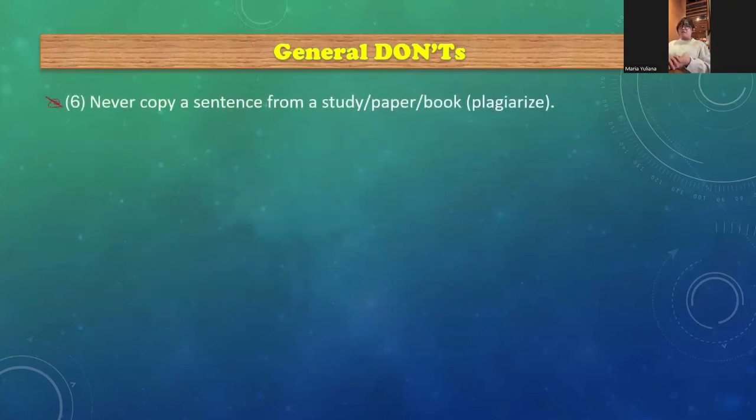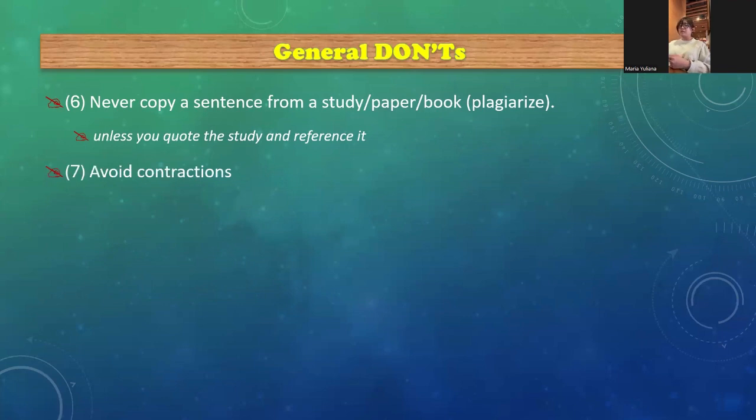And then next, never copy a sentence from a study, a paper, or a book because it's plagiarism. It's not ethical for us to copy a sentence directly from a study, paper, or book. Even though it is said that unless you quote the study and reference it, it's better for you to rephrase it.